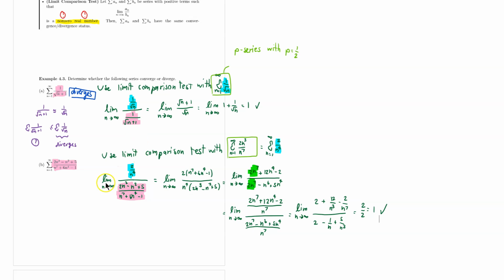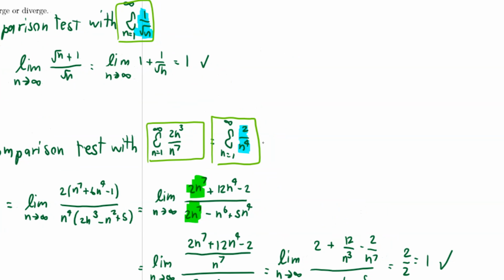So that means this series here is going to have the same convergence and divergence status as this other series. Now if we take a look at this series, this is a p-series. Well, actually I can pull the 2 out, just to be sure. That is going to be 2 times the sum of 1 over n to the 4 when n goes from 1 to infinity.